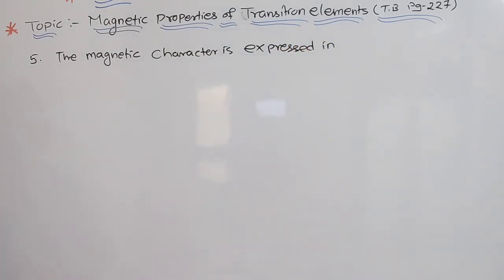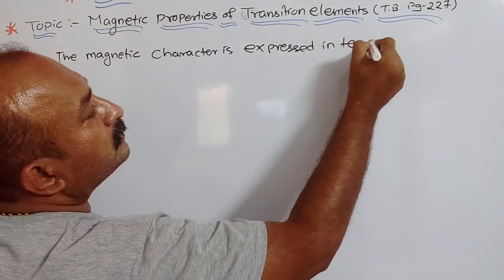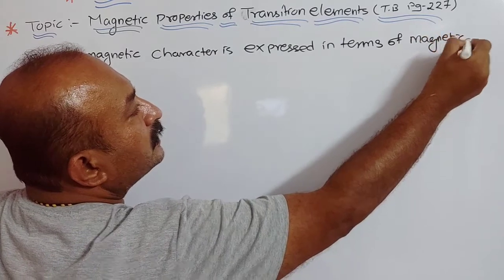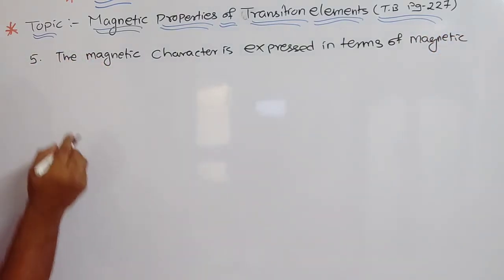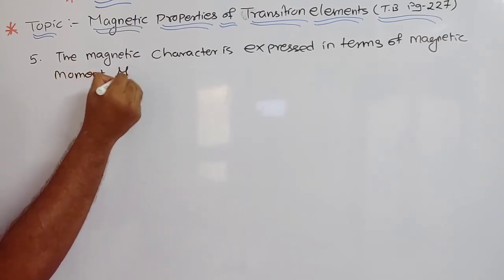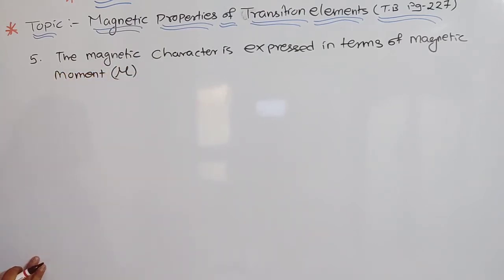I think you must have studied about Bohr magneton. The magnetic character is expressed in terms of magnetic moment, and it is denoted by the symbol mu.